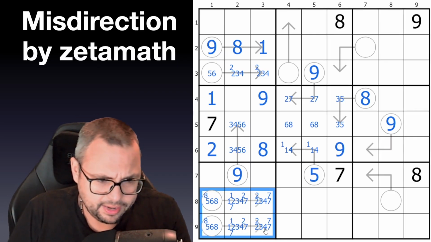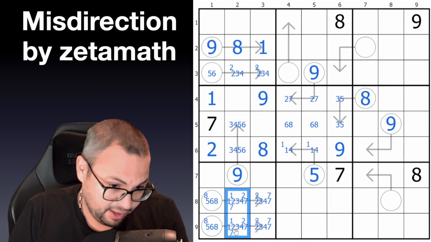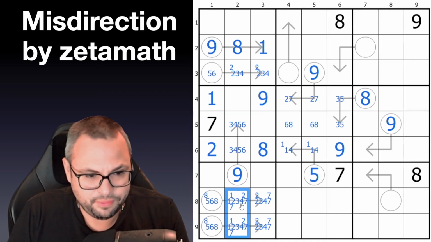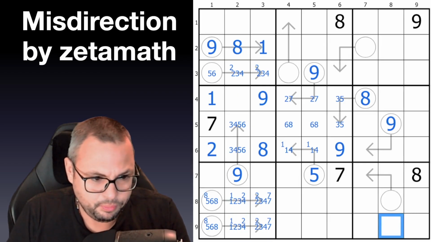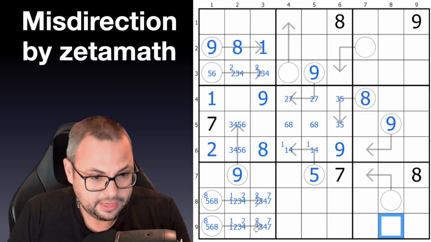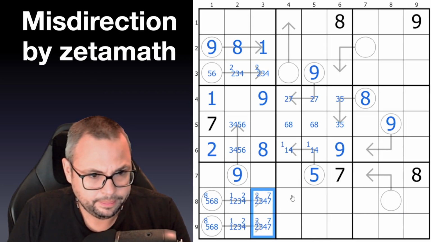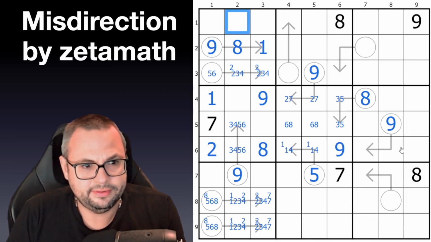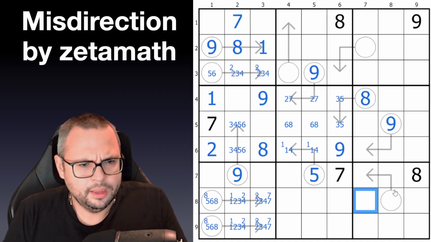And so the 1 can't be in this column, so it's in this column. And so therefore the 7 isn't, because the 7 would have to go on top of the 1, and we don't want to do that. So we've got a 7 in this column. We can use that and that to place that 7 up there.